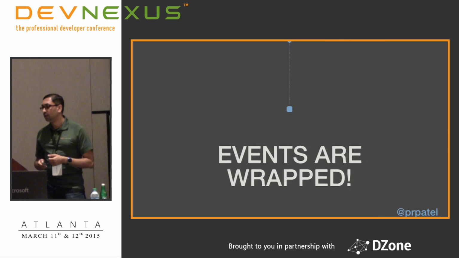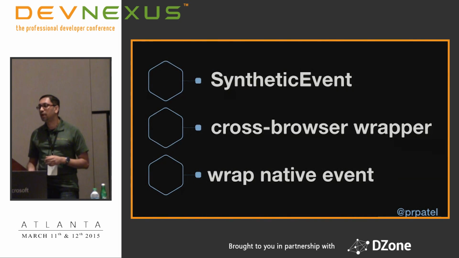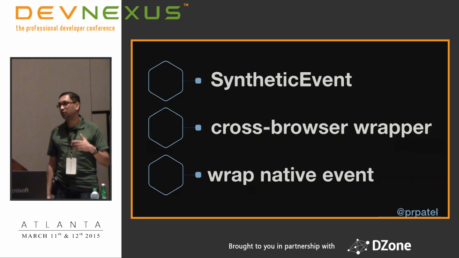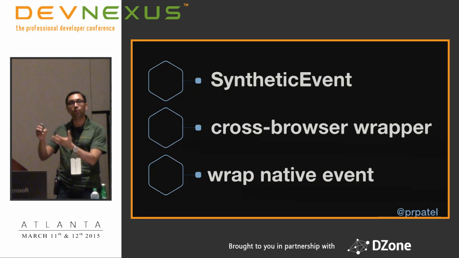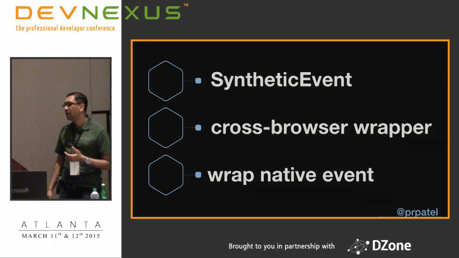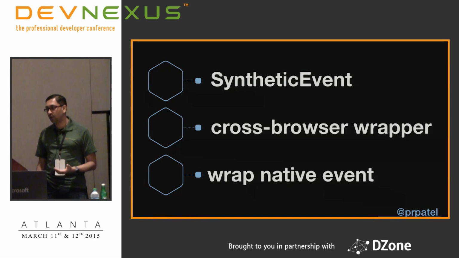We'll look at some code in just a minute. But basically what that wrapped event layer does, it's what we call synthetic events. Everything funnels through this virtual DOM, events funnel through using synthetic events, and the event layer is also cross-browser, and they basically wrap low-level native events. Okay?